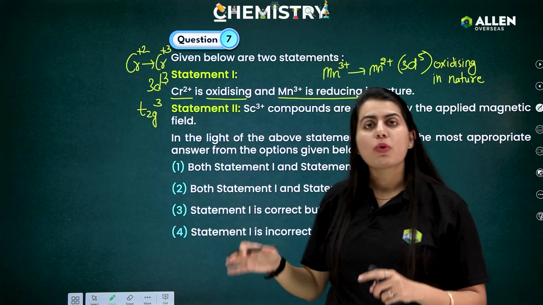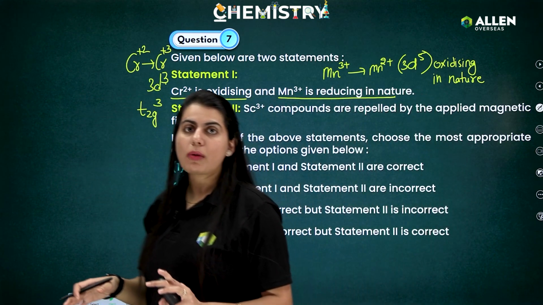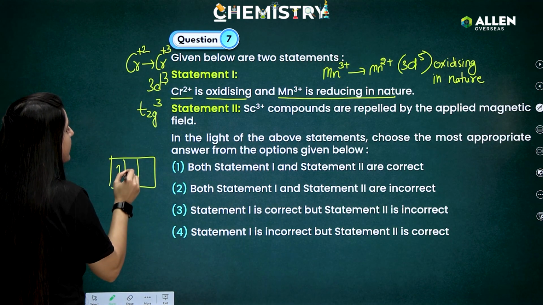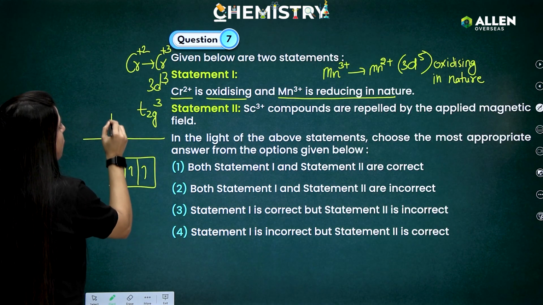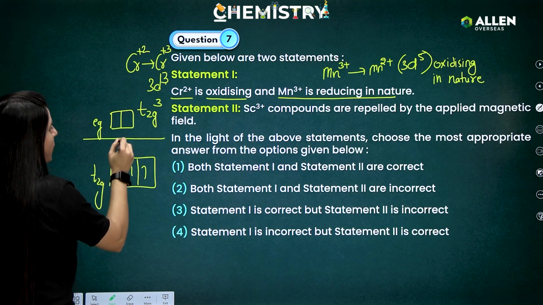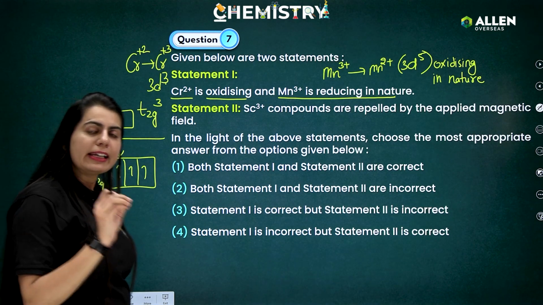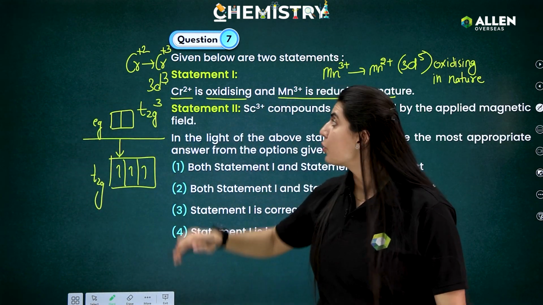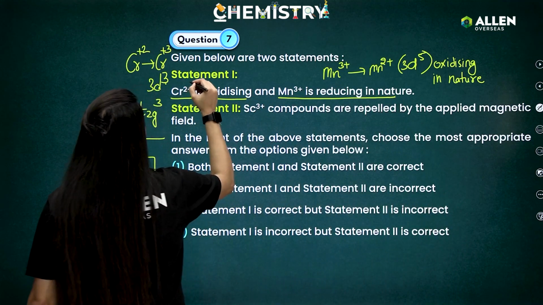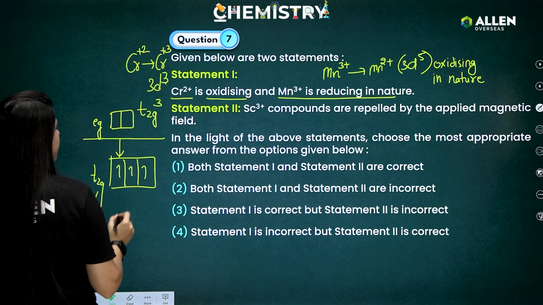If chromium +3 makes an octahedral complex, all these three unpaired electrons go to the lower energy t2g orbitals rather than the higher energy eg orbitals, which is a stable state. So chromium +2 is not oxidizing. In fact, chromium +2 is reducing.